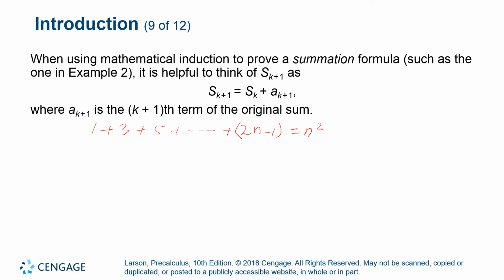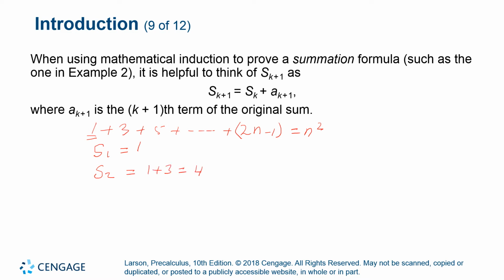So in this summation, S1 is nothing more than the first term of the series. So that's going to be 1. And then S2 is 1 plus 3, and that's going to give me 4.